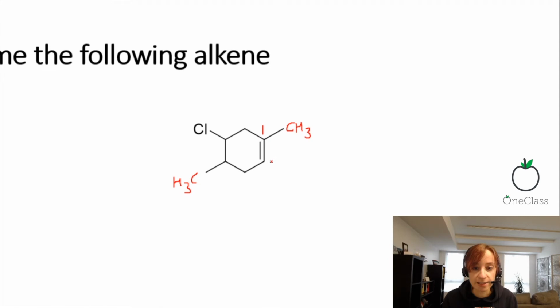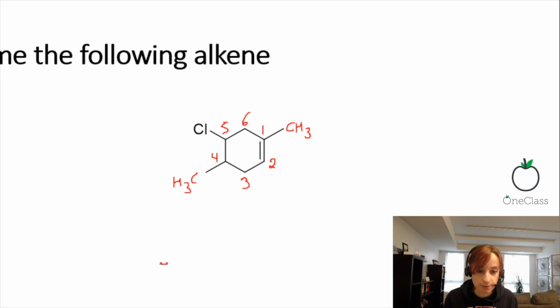So then the second carbon of the alkene will be 2, and we're going to keep going around the cycle 3, 4, and 5, and 6. So now we have 2 different substituents to consider. We have the 2 methyl groups and the chlorine. Now, it may be tempting to write them out in numerical order, but you're actually going to go in alphabetical order.